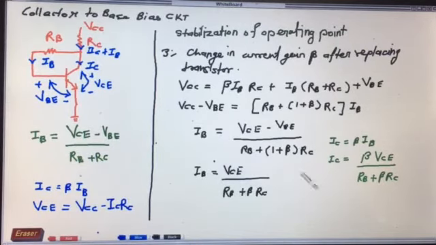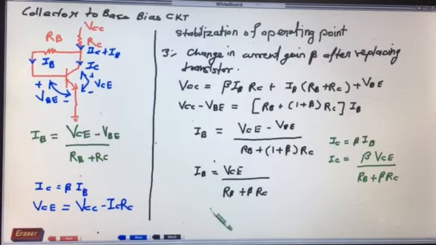When we divide through by beta, both numerator and denominator of the right hand term of the above relation contain a multiple of beta, so the change in the value of beta will not affect IC to a large extent.